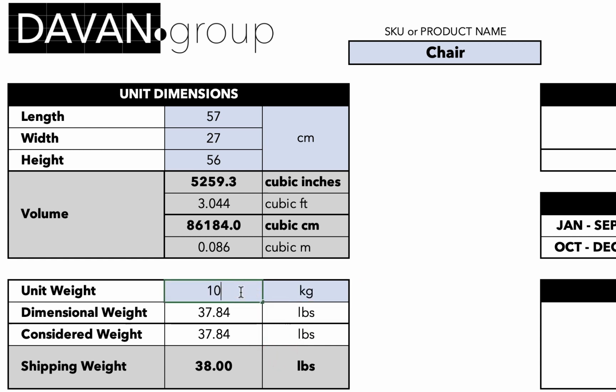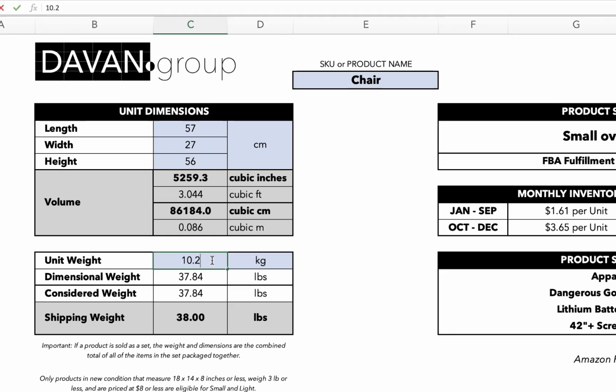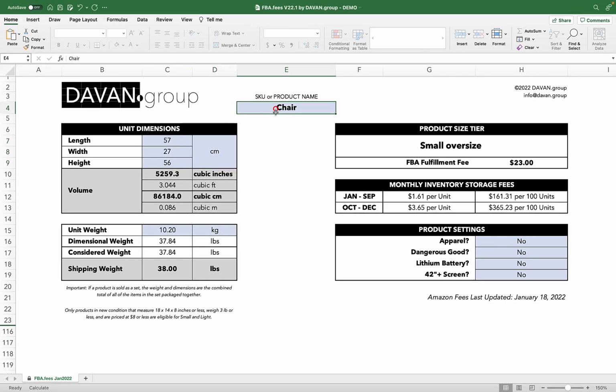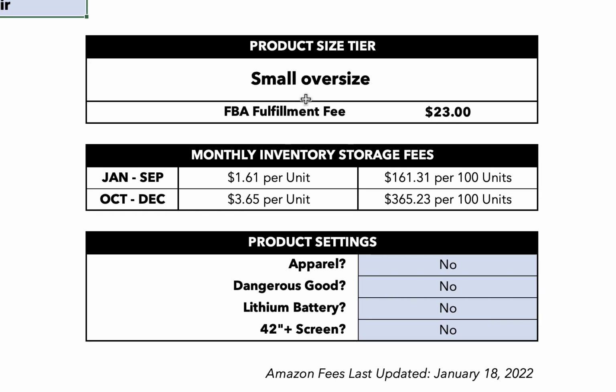So let's do 10.2 kilograms for this chair. Great, so we can see that the product size tier here is small oversize. So you are in the oversize category, so be aware of that. And your FBA fulfillment fee will be $23 per unit. And you can see here your associated monthly inventory storage fees for this chair.